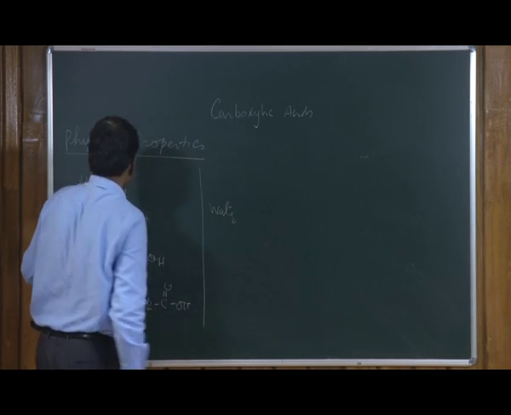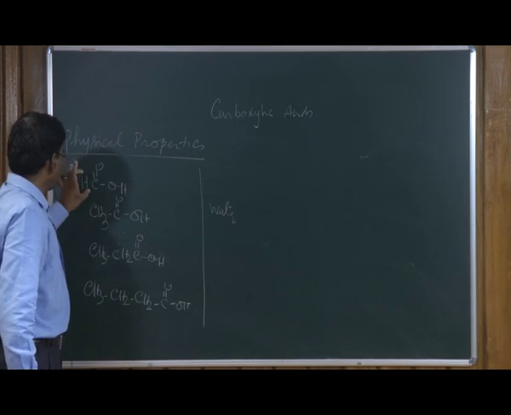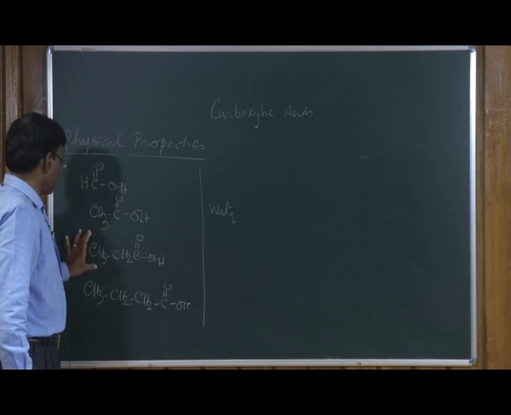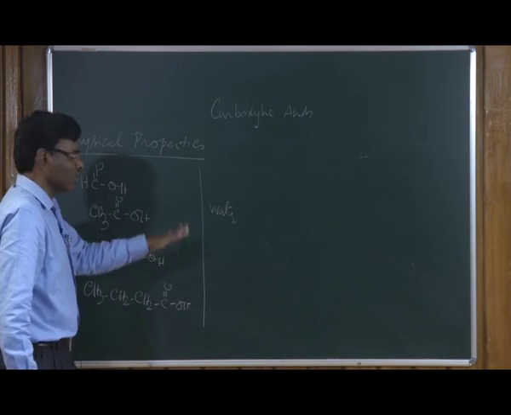The first 4 members of this series, methanoic acid, ethanoic acid, propanoic acid, butanoic acid, are soluble in water.